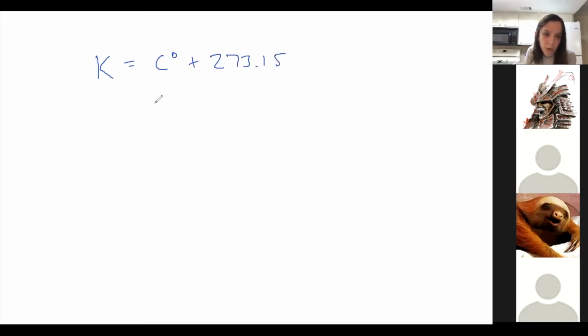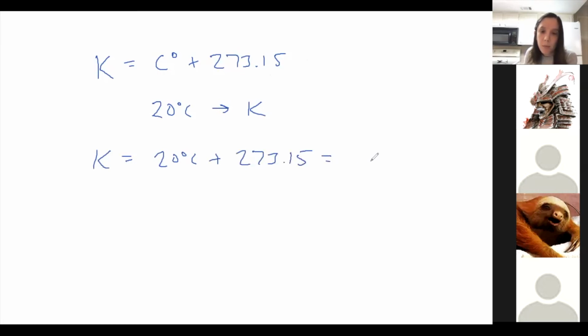So for example, 20 degrees Celsius is about 70 degrees or so Fahrenheit. To convert Celsius to Kelvin, you would just add 273.15 to that. So Kelvin would equal 20 degrees Celsius plus 273.15. And that equals 293.15 Kelvin.